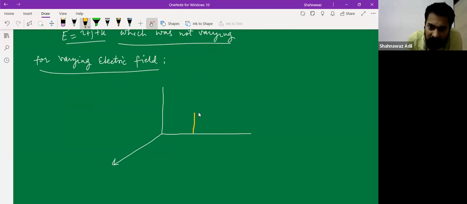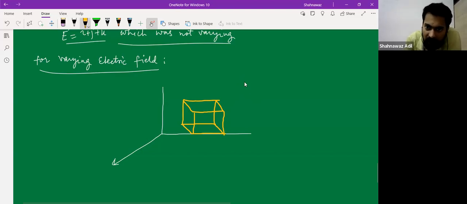So this is the cube, and the electric field is varying like alpha x to the power half i hat, right?